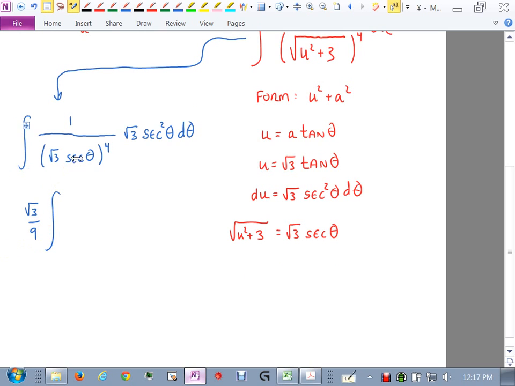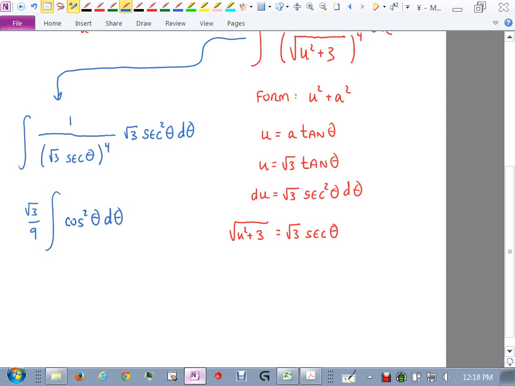Now this is going to become secant to the 4th down here, and secant squared up there. So 2 of them cancel, so all I'm left with is what on the bottom? Secant squared. 1 over secant squared is cosine squared. So this is really just cosine squared theta d theta.